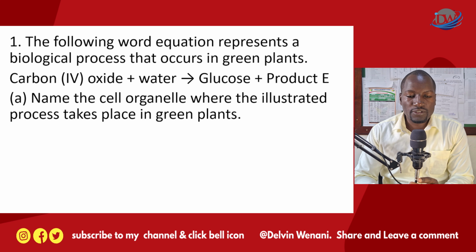We have carbon 4 oxide plus water, and we are getting glucose plus product named E. It is a photosynthesis process, where carbon 4 oxide reacts with water, and actually there's presence of light there, and we get glucose plus product named E.